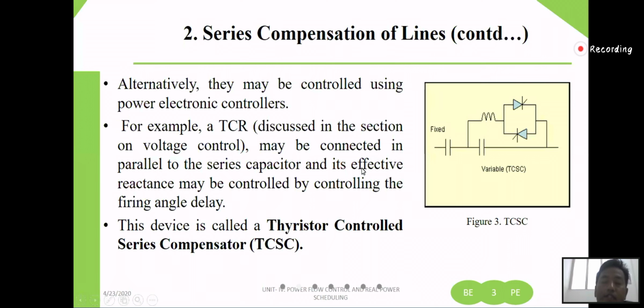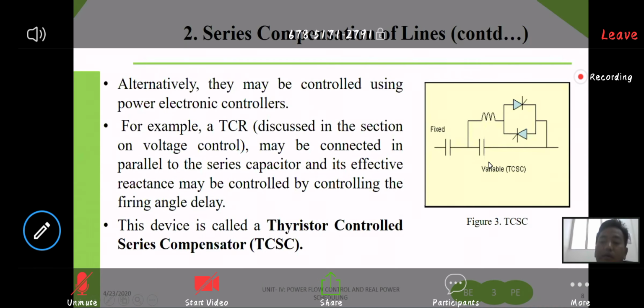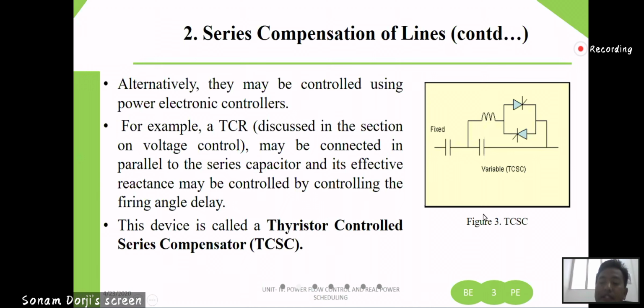In power electronics application, the basic theory and how it works might have been studied. Here, working means not the controlling of the power, just the working or characteristic of TCSC might have been learned. And towards the end, your module tutor might have said that it will be used for controlling the power flow.